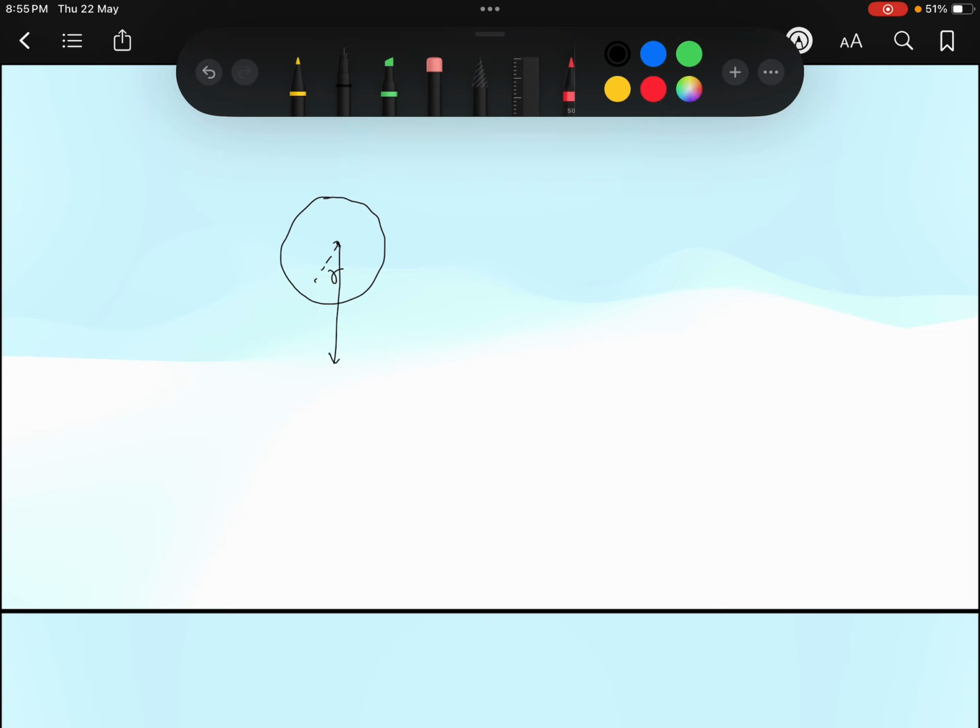Since mg force is acting in this direction, this is the spring force acting in this direction, and the friction force is acting in this direction. This is the friction force, right?